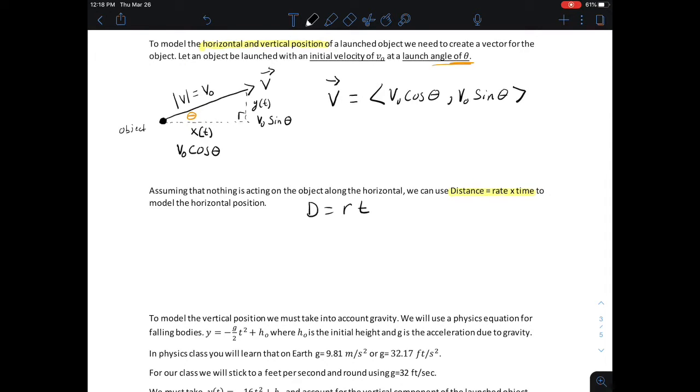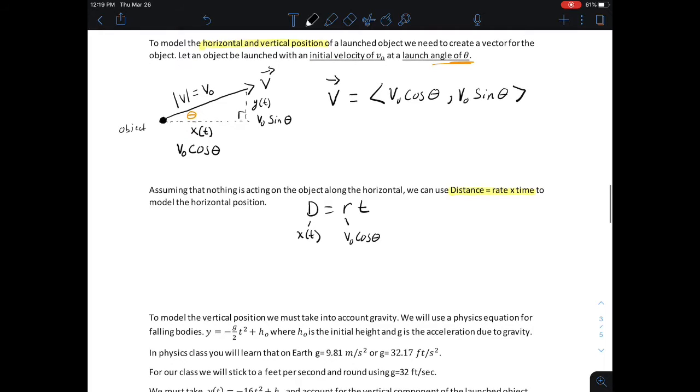We're looking along the horizontal, so d is going to be x, so x of t. Rate is going to be, in this case, the horizontal component of the velocity vector, so v naught times cosine of theta. Now, to get the overall distance, I'm going to have to multiply that velocity per unit of time.